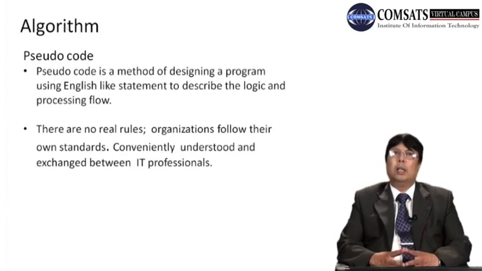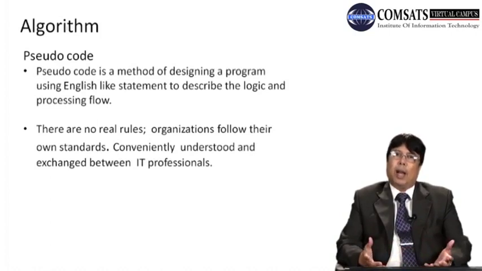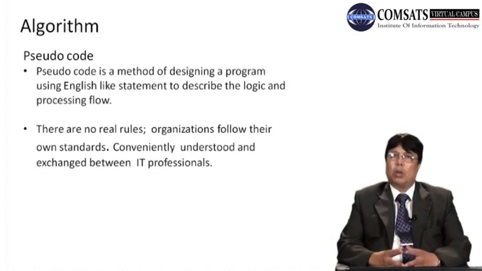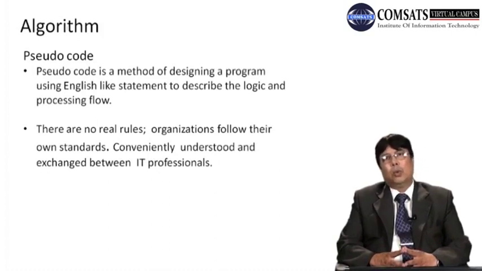So you want to get up at 5 a.m. Step number one, set up an alarm for 5 a.m. on your wristwatch or on your table clock. Once the alarm rings, get up from your bed. Step number two, go to the bathroom to freshen up, get ready for your college or your school.